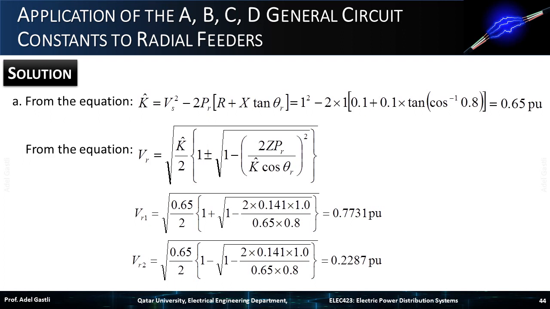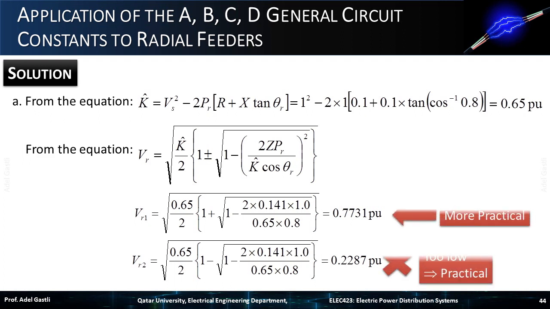Remember that we mentioned previously that we need to choose the most practical solution and reject the other one. In this case, it is clear that 0.7731 per unit is more practical than 0.2287 per unit, which is too low and may result only during faulty operation, and not during normal operation.